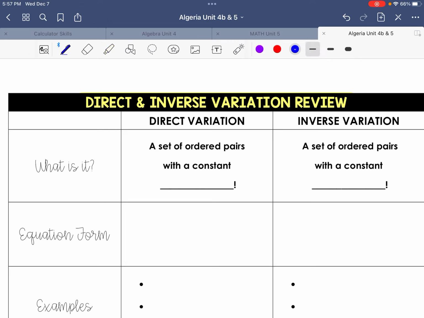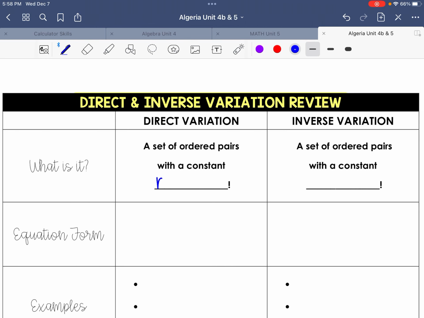So let's get started here. We're talking about the difference between direct and inverse variation. Direct variation is a set of ordered pairs with a constant ratio. The ratio is constant. Every y value divided by every x value will give you the same number.